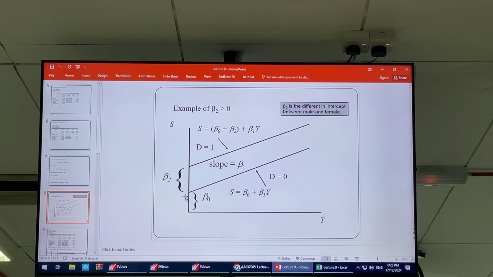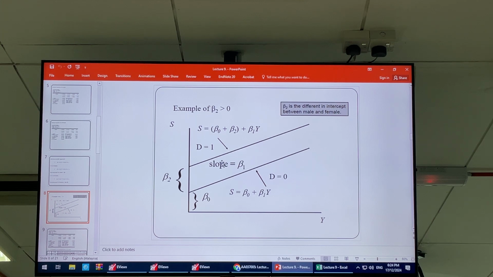The intercept means the saving when income equals 0, and for male it is beta 0. The slope means that for every 1 ringgit increase in income, male will save beta 1 out of that 1 ringgit. But this model considers the slope to be the same for male and female.